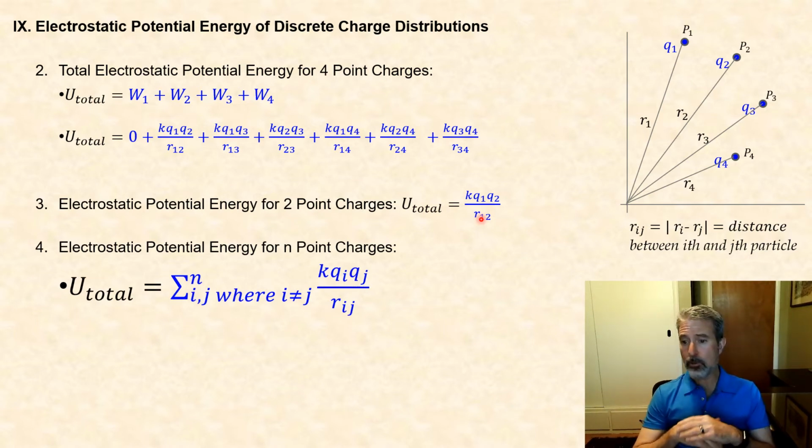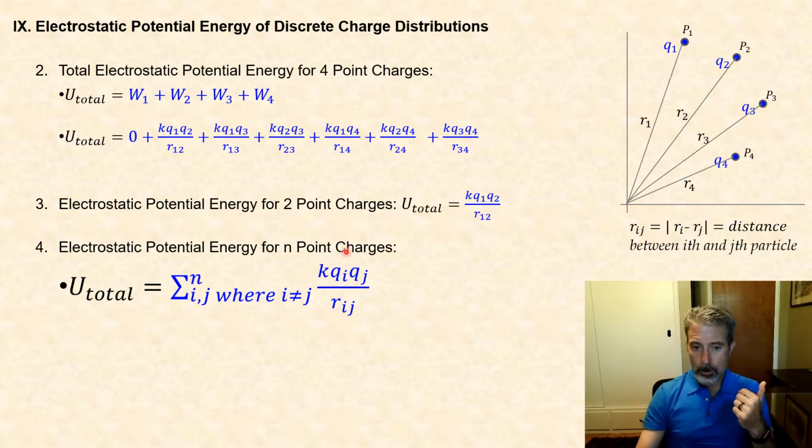We can sum over these indices i and j, all the way up to the case of n point charges, whatever that is. In our example, we had a value of 4, right? We had 4 point charges. Notice here that i does not equal j, so we sum over all possibilities of Rij where i does not equal j, because the distance between a point charge and itself would be 0.